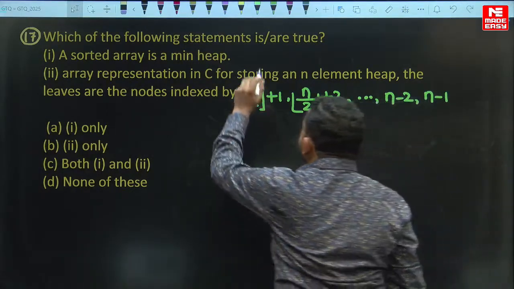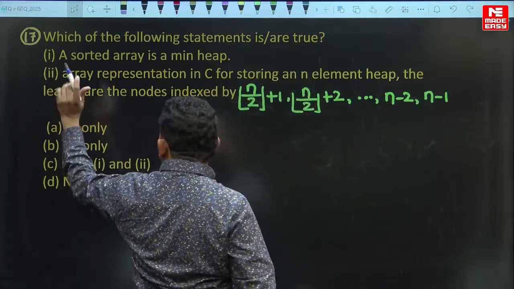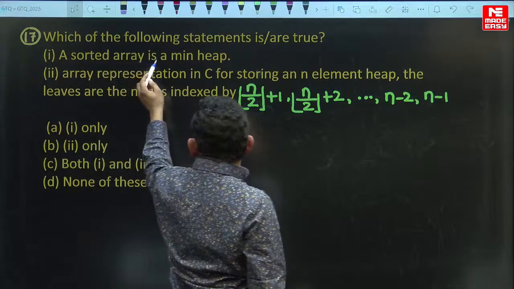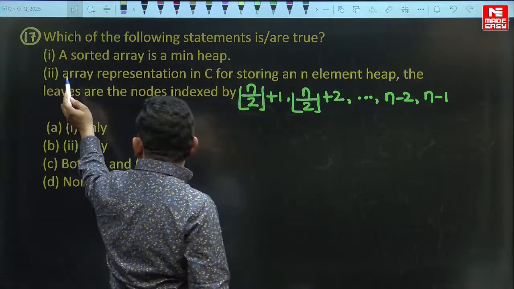Which of the following statements are true? Two statements are given. A sorted array is a min heap, true or false?